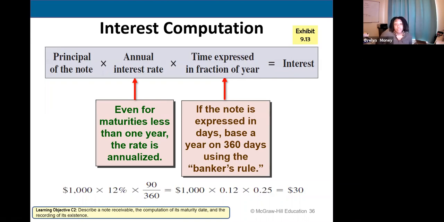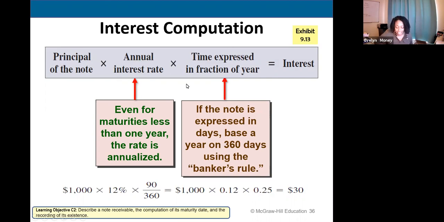When the note matures, the interest will be paid back, and we need to compute the interest. We take the principal amount of the note, which is the amount that was borrowed. We multiply that times the annual rate of interest, and then we multiply that times the fraction of time. Usually this is the number of days of the note divided by 360.